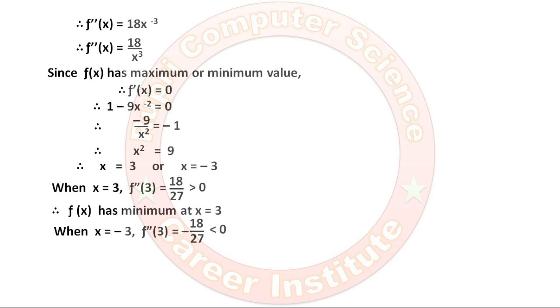If it is less than 0, then the function is maximum at x is equal to minus 3.